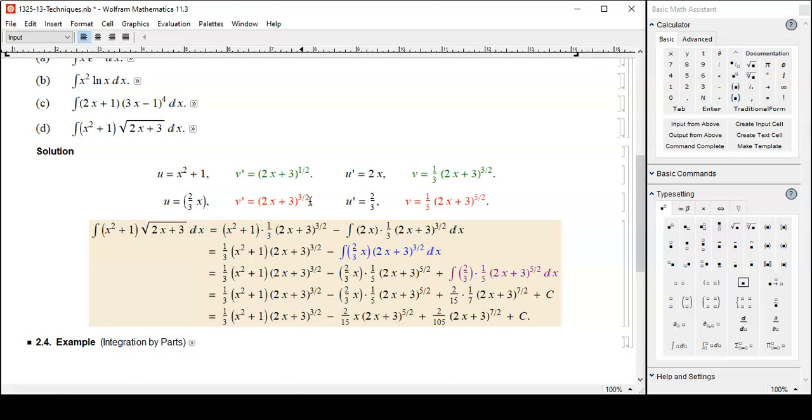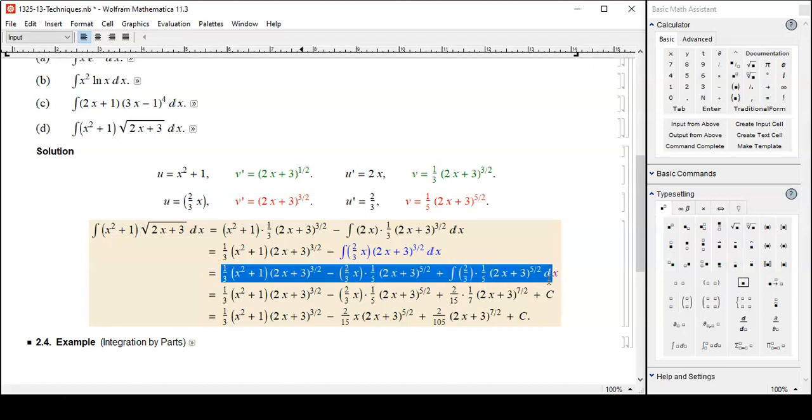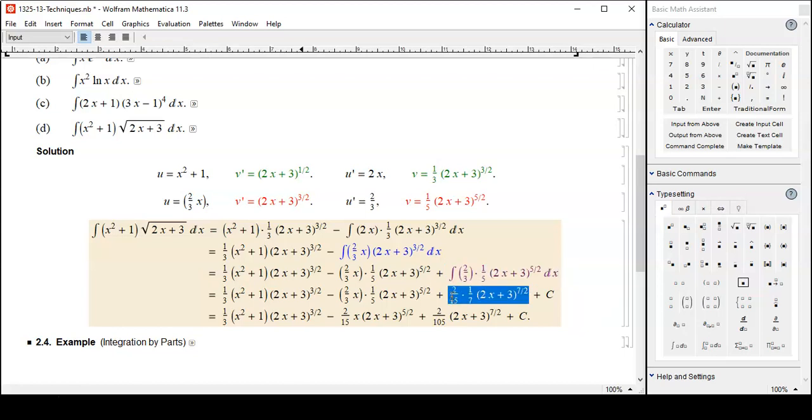It's right here. uv prime to u prime v, especially this red, v prime to v, that's the second integration. And that leads to this line here. And this purple integral, okay, we can do that. And turns out to be this. And eventually, adding all up, we get the answer.